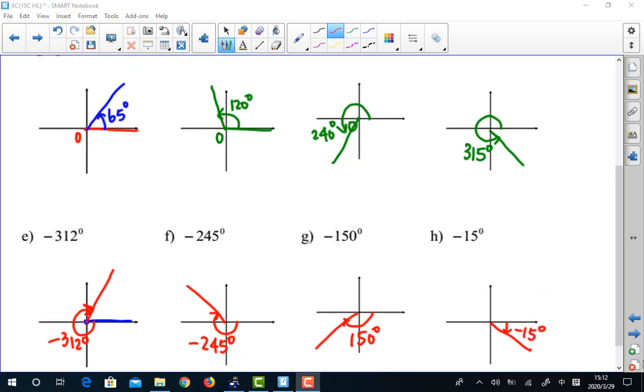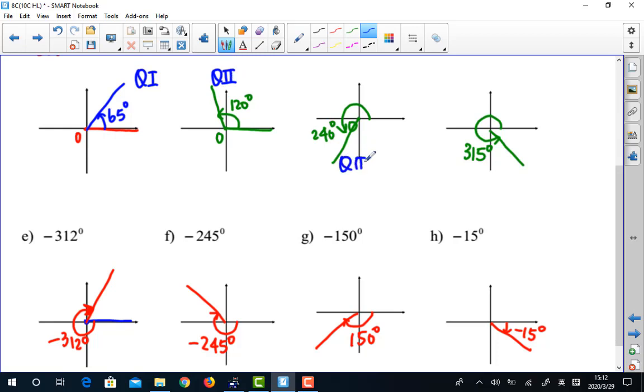Right now, for any angle, we can also use the quadrant to describe in which quadrant the terminal arm terminates. For example, this one I can call a quadrant 1 angle, or the first quadrant angle, because this 65 degrees terminal arm terminates in the first quadrant. This one can be called a quadrant 2 angle, or the second quadrant angle.